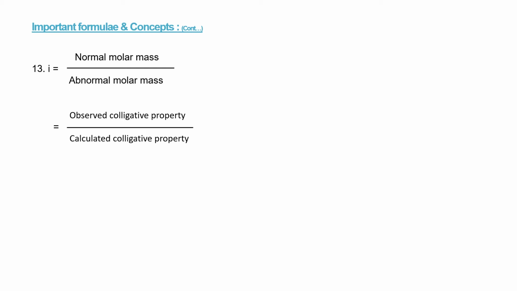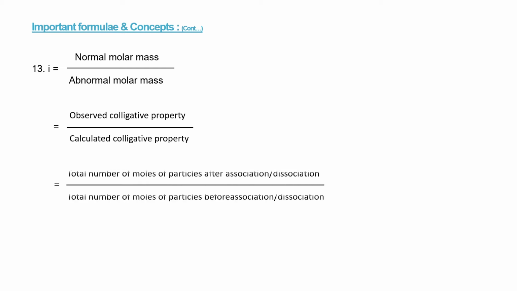So you take the observed colligative property divided by the calculated colligative property. Another term for Van't Hoff factor is the total number of moles of particles after association or dissociation divided by the total number of moles of particles before association or dissociation.